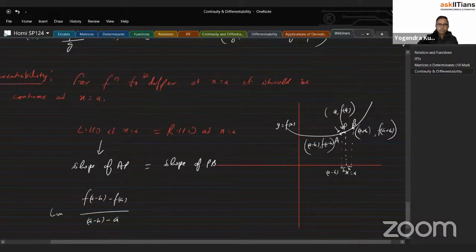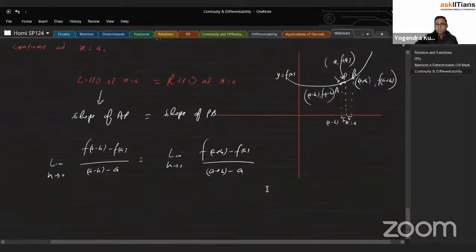So limit h tends to 0, since h should be very small, this equals limit h tends to 0 of f of a plus h minus f of a divided by a plus h minus a. Similarly for the other side: f of a minus h minus f of a divided by minus h, where a gets cancelled.